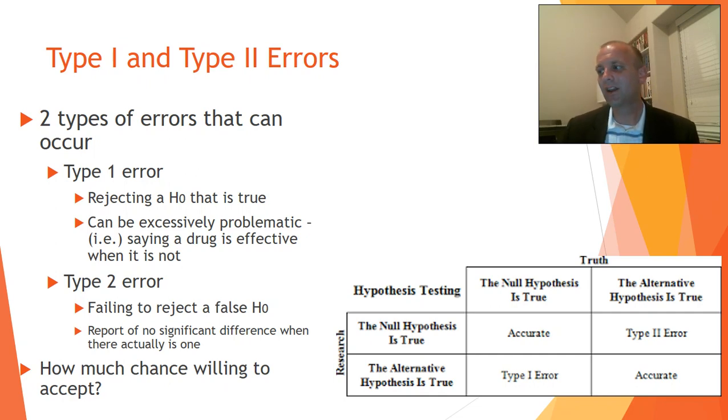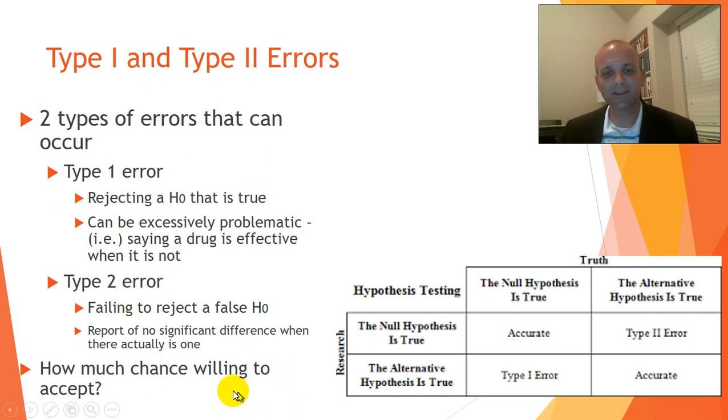But another example of a problematic situation would be determining that a cancer drug is ineffective at treating cancer when essentially it is, and determining that it didn't stop cancer or something like that. The thresholds, obviously, in the medical field are much higher than they are in social sciences, and then what we deal with usually as far as research and that type of stuff.